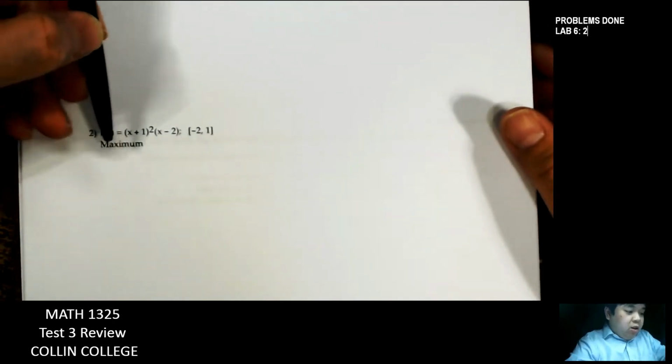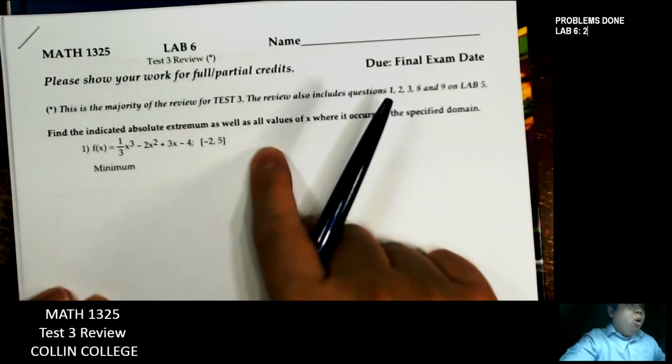We just have the function, but not like a polynomial. Although we can use the product rule, I think it's better just to multiply it out, and then we'll try to find the maximum. This question asks for the maximum.